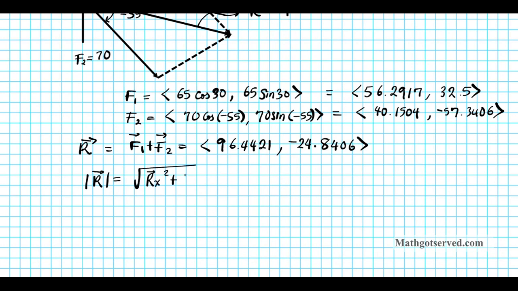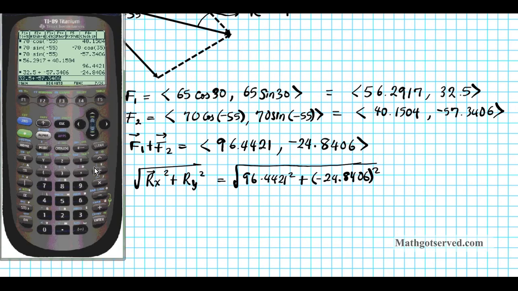Okay, let's go ahead and evaluate that. We're going to have the square root of 96.4421, let's just copy down this answer to save time, squared, plus this other answer, squared, and our answer is 99.5898.